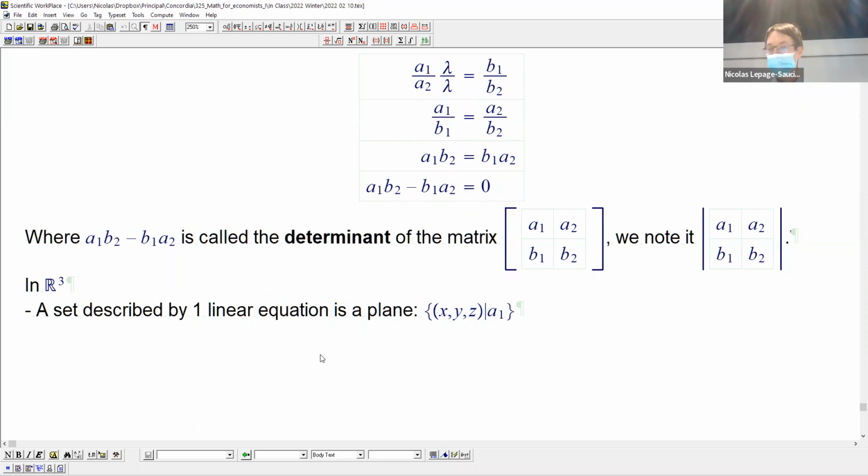So a1 x plus a2 y plus a3 z. Sometimes we will use x1, x2, x3, sometimes x, y, z.